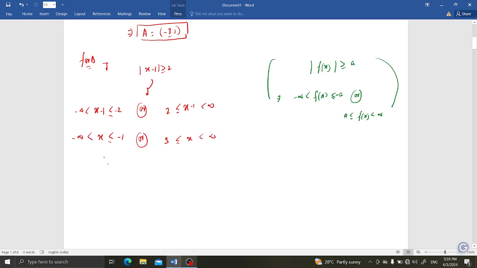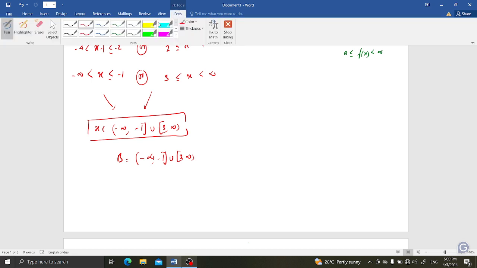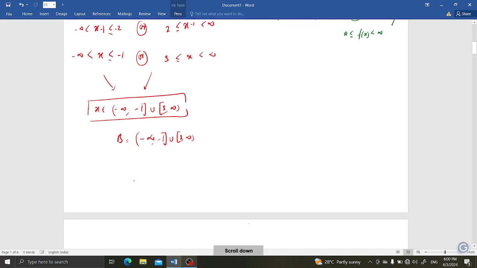If we combine both the results, x belongs to minus infinity to minus 1 union 3 to infinity. This is your set B. Our set B is looking like minus infinity to minus 1 union 3 to infinity.